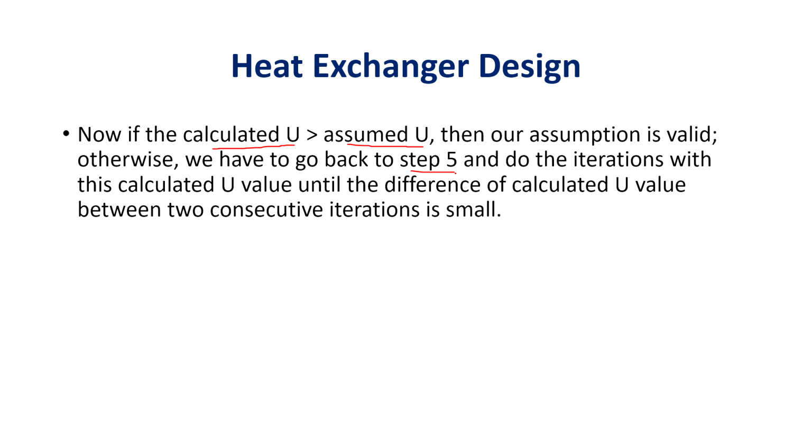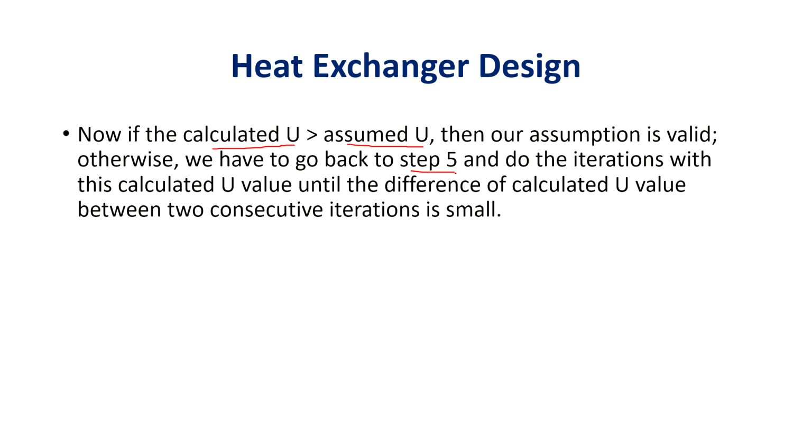We have to incorporate this correction factor because of the flow configuration and the passes. And U we have assumed from the standard table. We also calculate the Q, so we can find out the A value, the provisional heat transfer area.